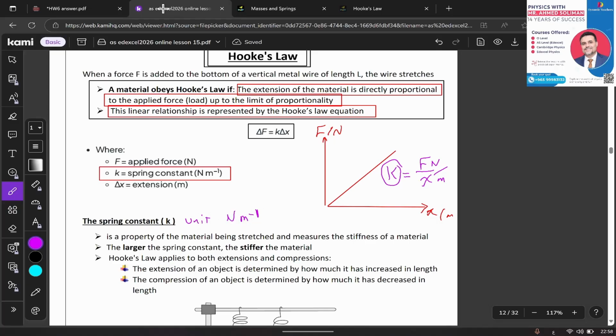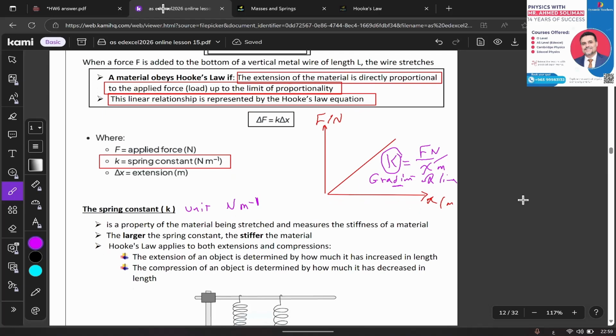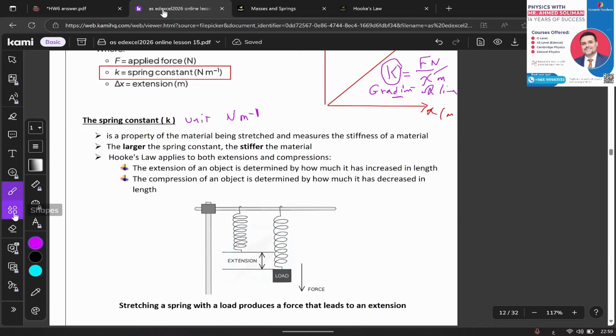Okay? And it can also be calculated by using what? K equals the gradient of the line. What if we flip the graph like this? If we place the force here and extension here, what do you think?